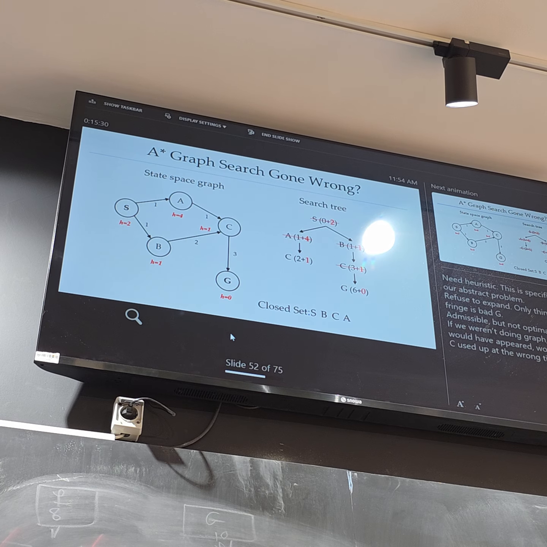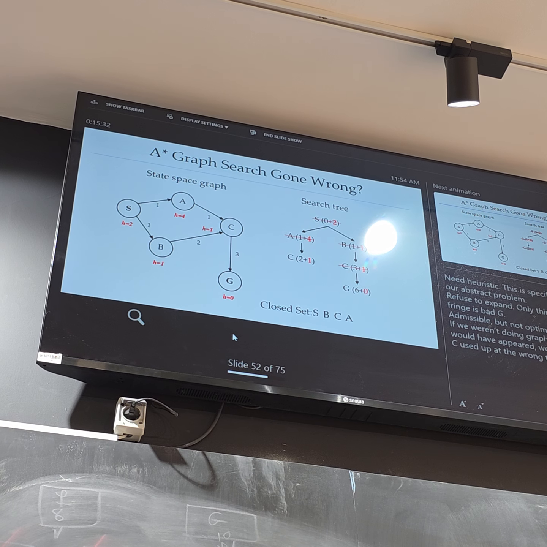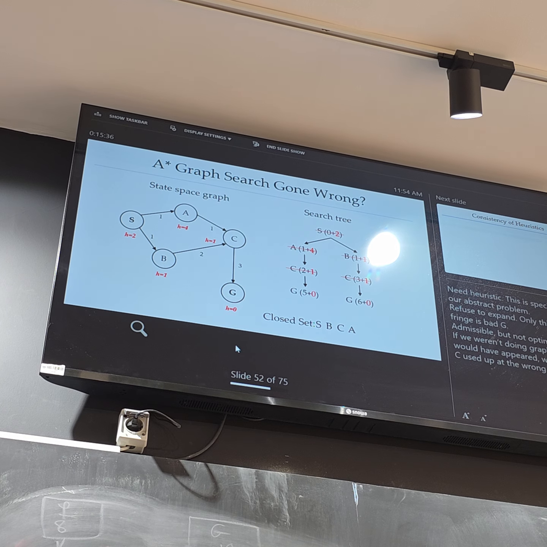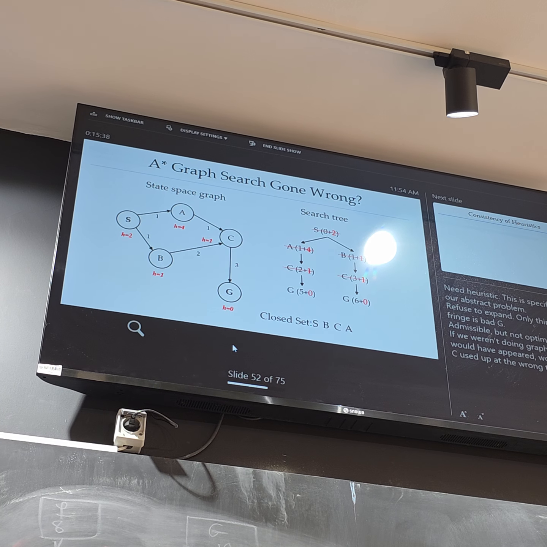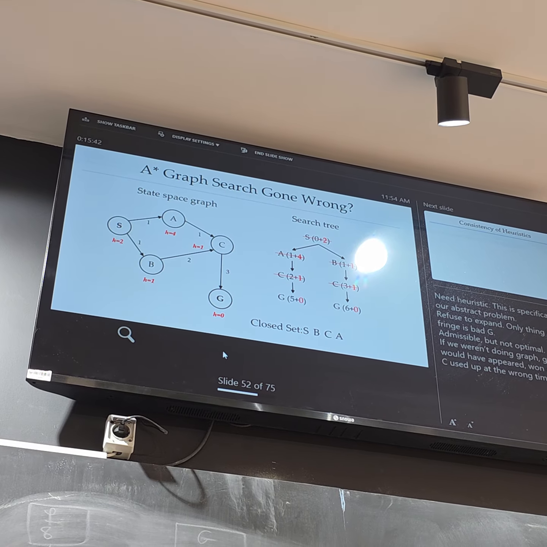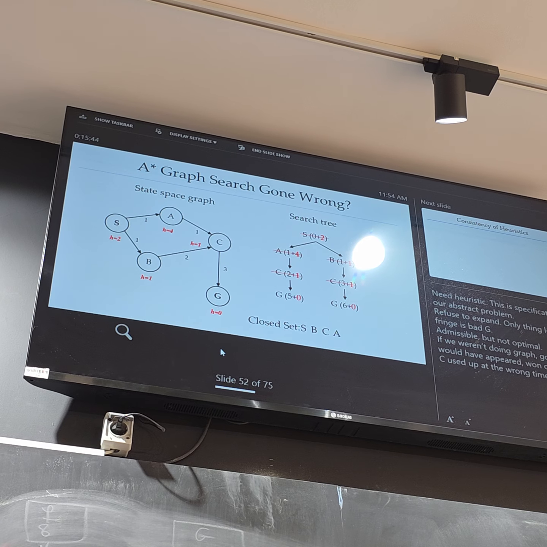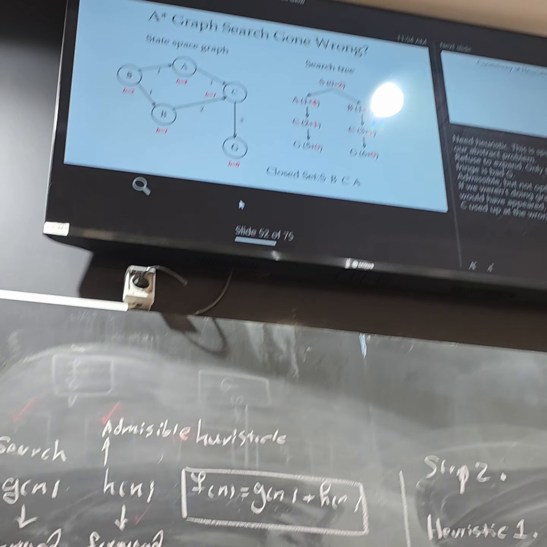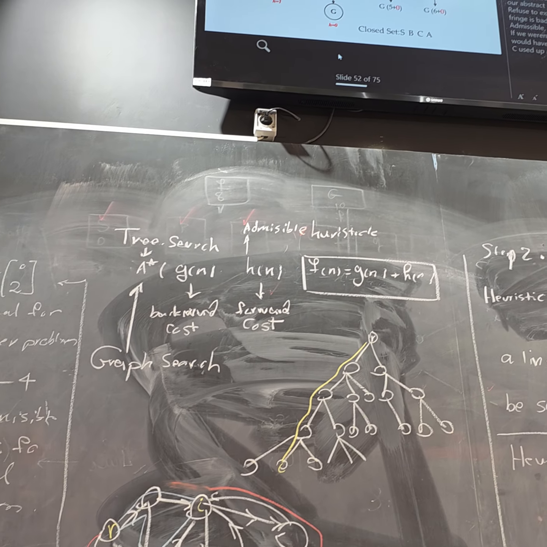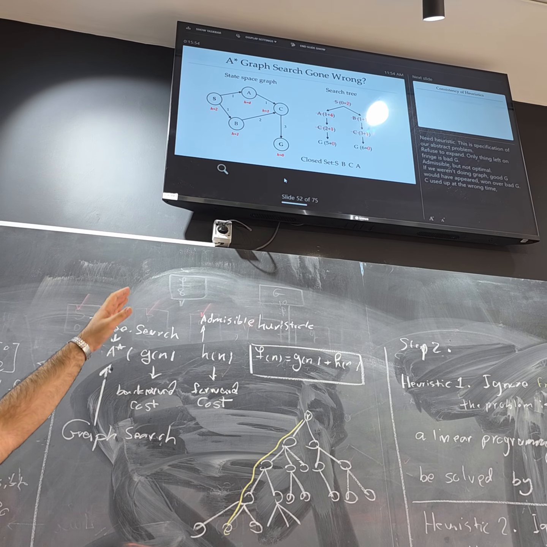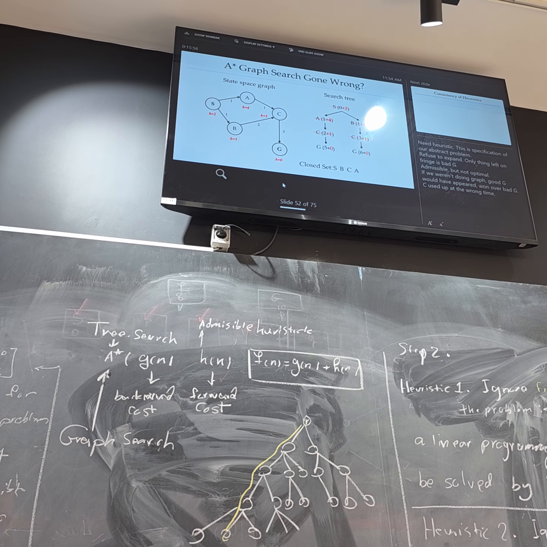The G is 2 and the heuristic is 1. Again, we continue. G is obtained with the new label 5 plus 0. Although the graph is given, because there is no loop, the original A star works well.